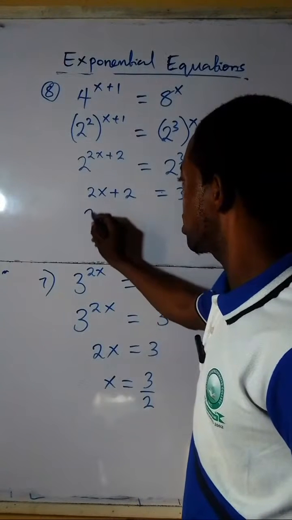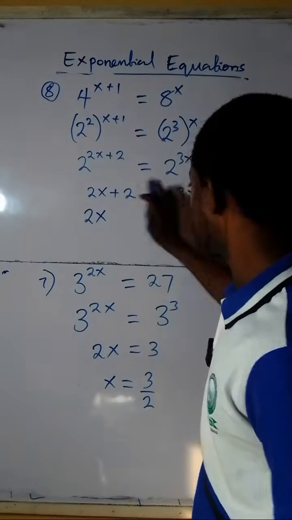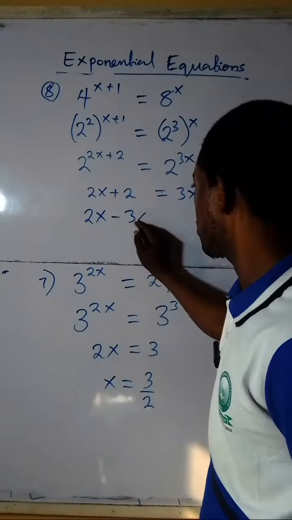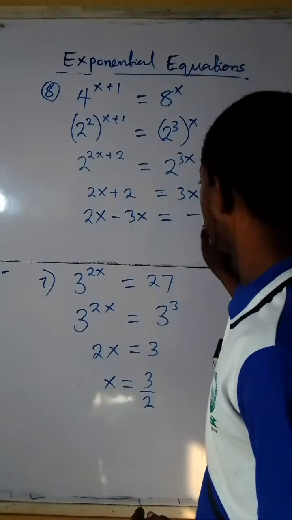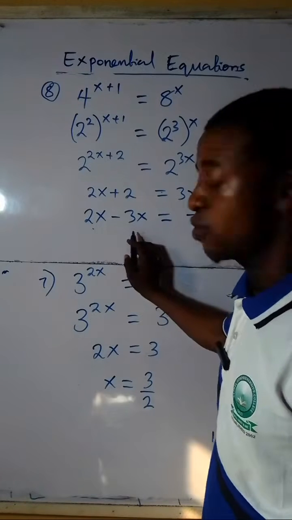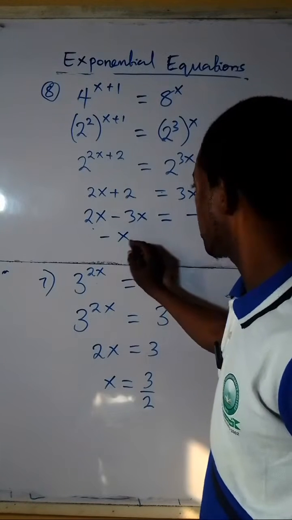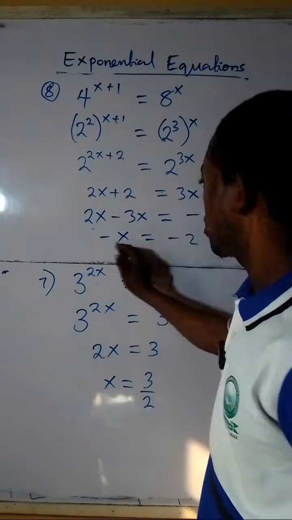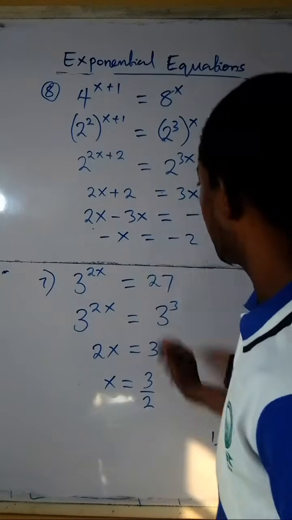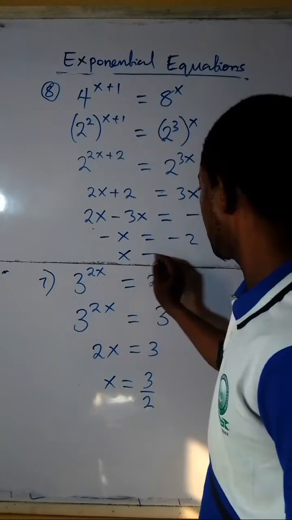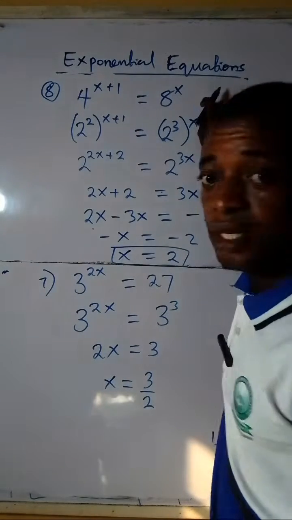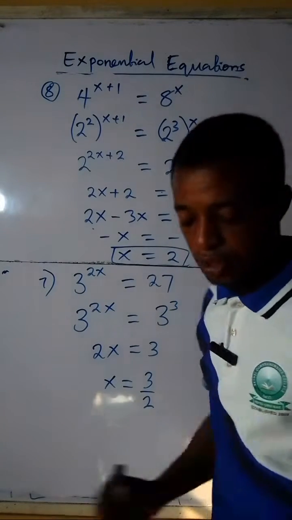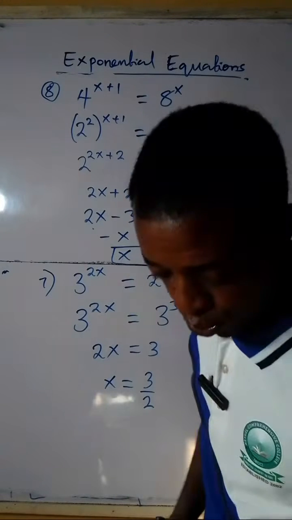When we maintain this 2x here, taking 3x here, it will become minus 3x, and taking plus 2 here becomes minus 2. And 2x minus 3x here becomes minus x equals minus 2. So the minus signs cancel each other, and we have x equals 2. So the solution to this particular exponential equation is also 2.